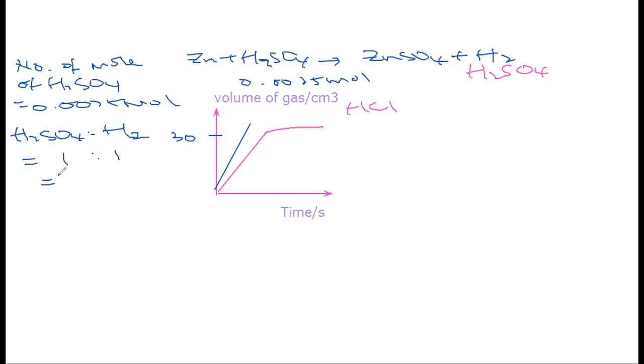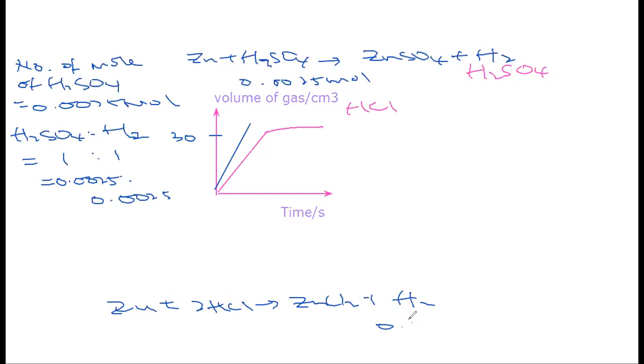So 0.0025 is to 0.0025 mole. And this 0.0025 will be double that of the HCl. Why? Because initially, when zinc reacted with HCl, we actually got 0.00125 mole of hydrogen gas.